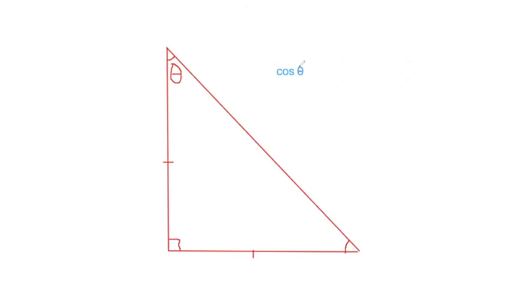If I said to find the cosine, we'll go ahead and let this hypotenuse be 1. So it'll be just like our unit circle.